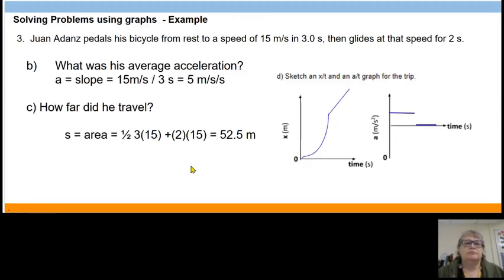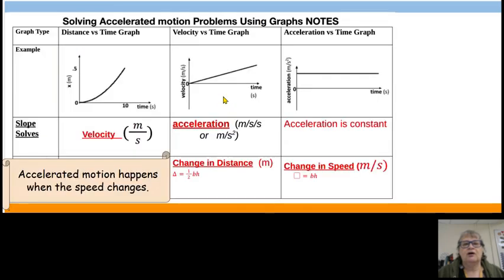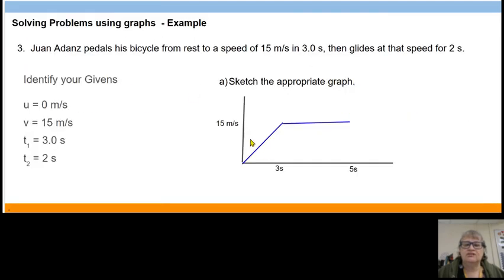Then part B asks what was his average acceleration. So remember from our grid here, right, our notes, it says to find acceleration, find the slope of the velocity time graph. So if I go back, here is my velocity time graph. Remember, slope is the rise over the run, right?